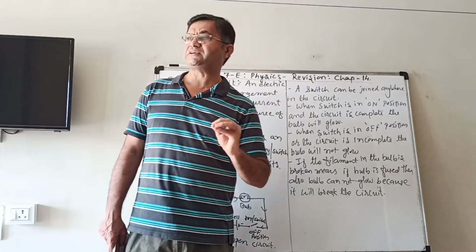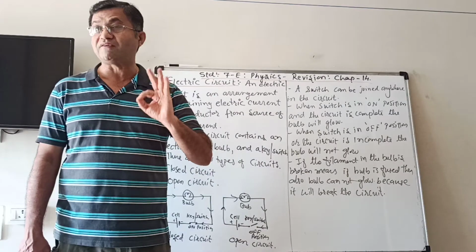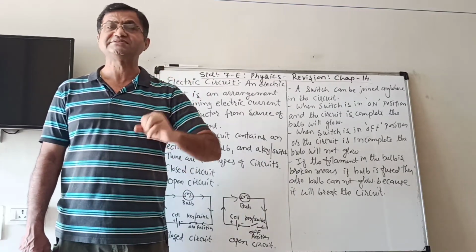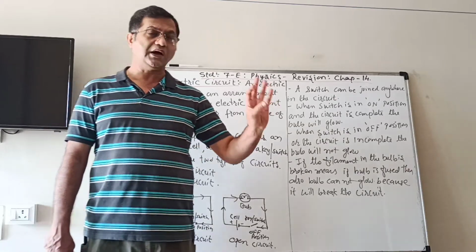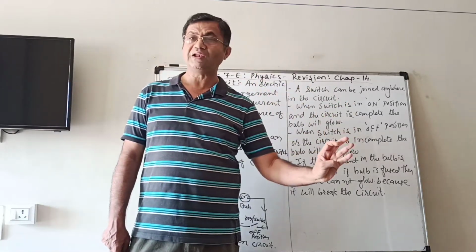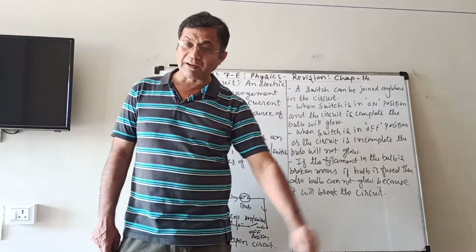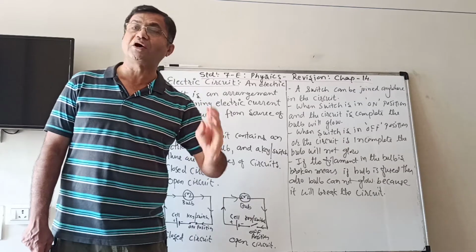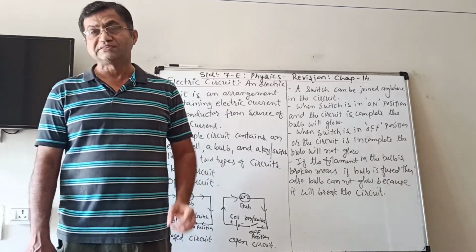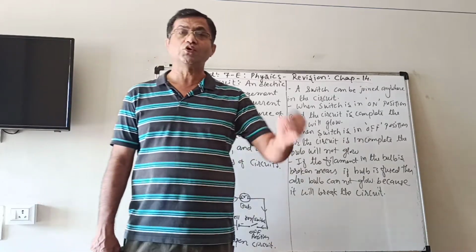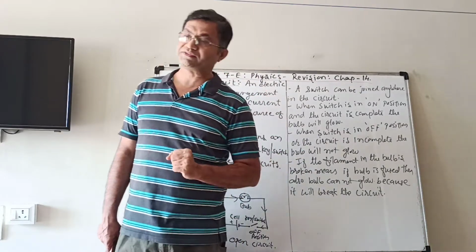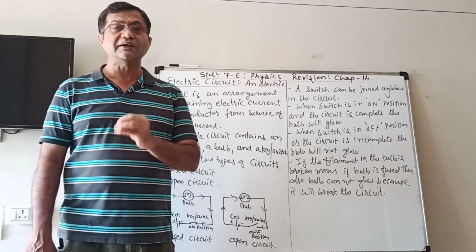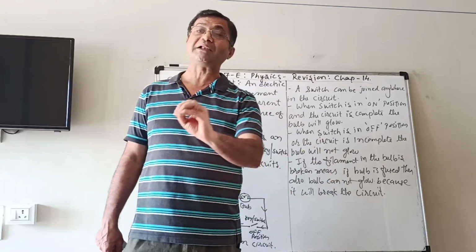If we talk about a very simple circuit, then it contains only the basic requirements like an electric cell, electric bulb, and a switch or a key. That is the basic requirement, and we have to join them with the wires. Then we can make a very simple circuit.